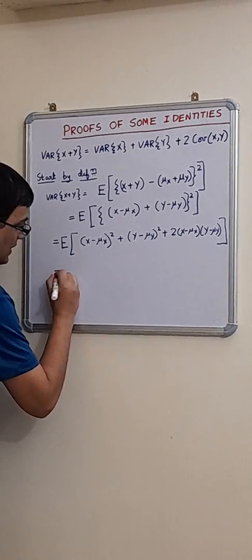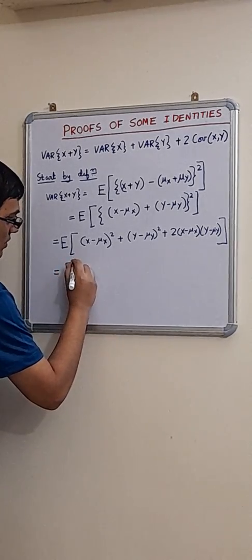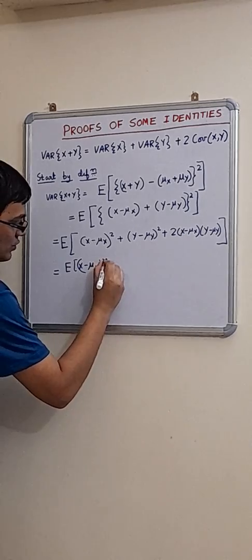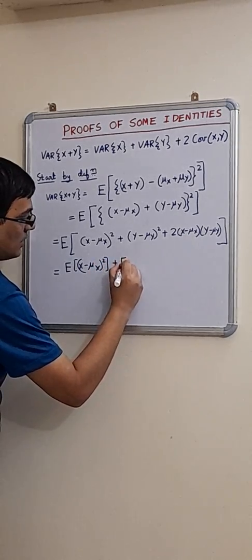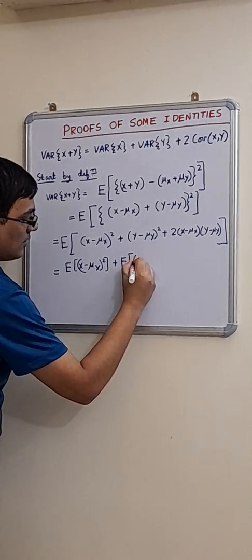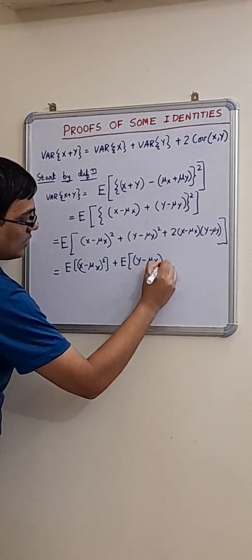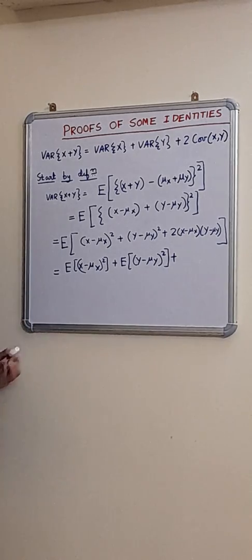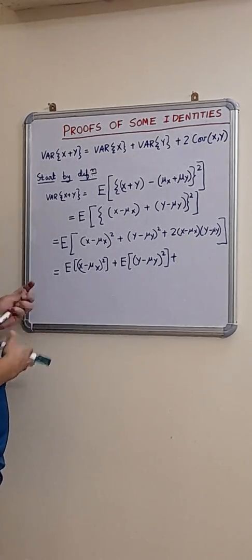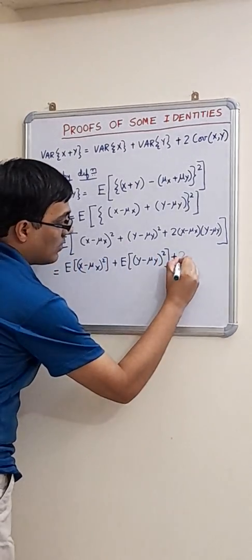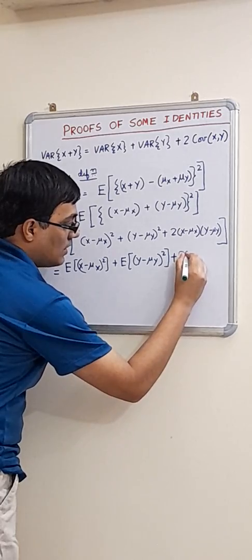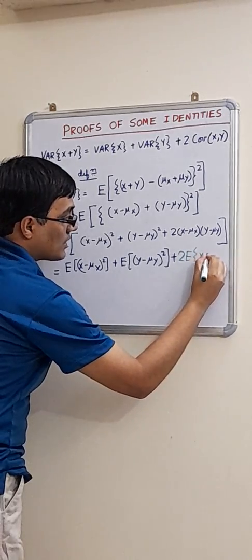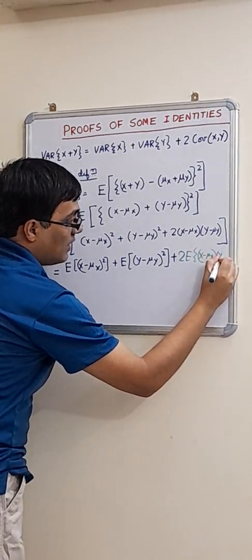So now we will apply the expectation, which is E of x minus mu x whole square, we will apply it individually now, plus E of y minus mu y whole square, plus, I will use a different color, twice of E of x minus mu x into y minus mu y.